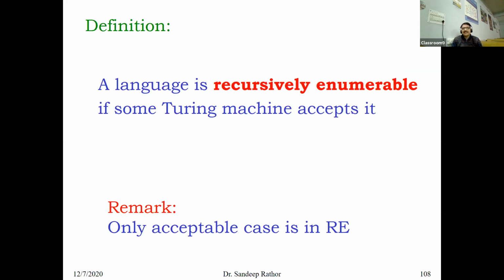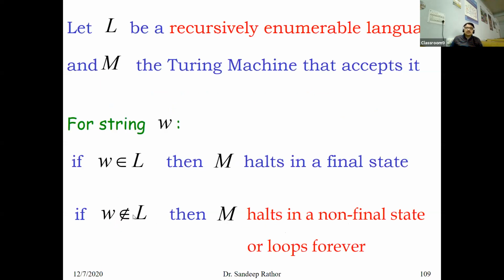It is not guaranteed in case of recursively enumerable. But in case of recursive, it is guaranteed: if it belongs, then accept; if it does not belong, then reject. So only the accepting case is assured in recursively enumerable.